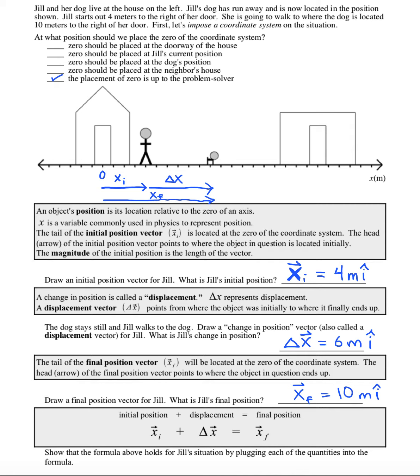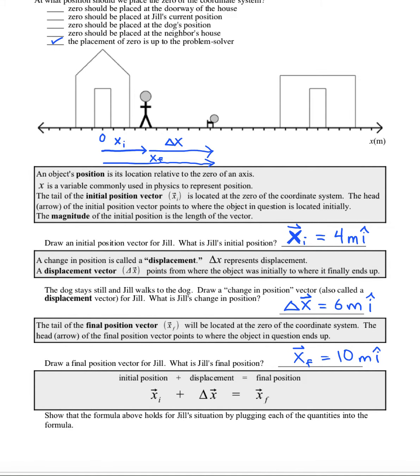That brings us to an important physics equation for positions and displacements. The formula is x i plus delta x equals x f. In other words, an initial position plus a displacement takes us to the final position. Let's just confirm that this formula works for the above situation.